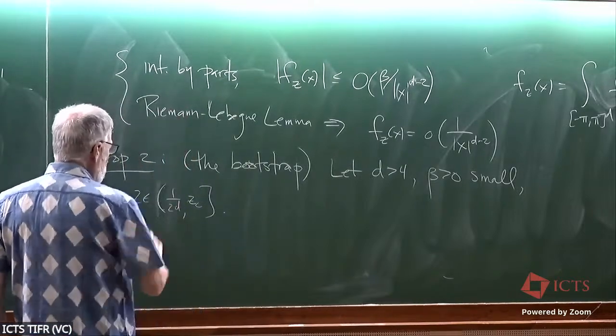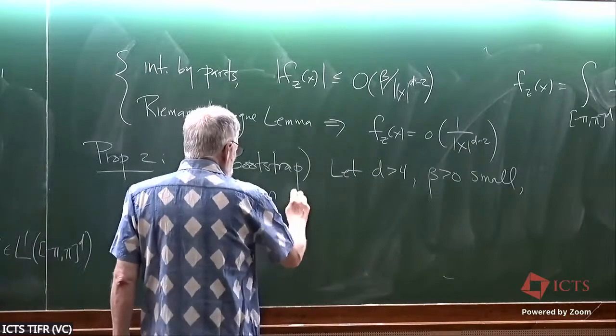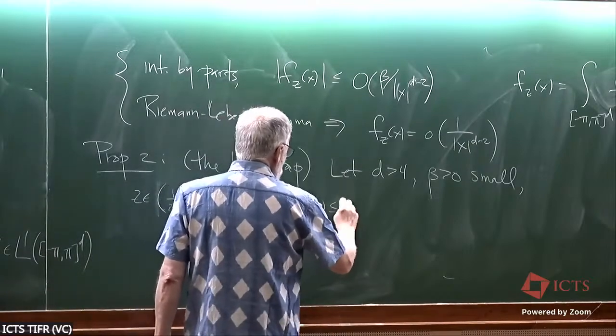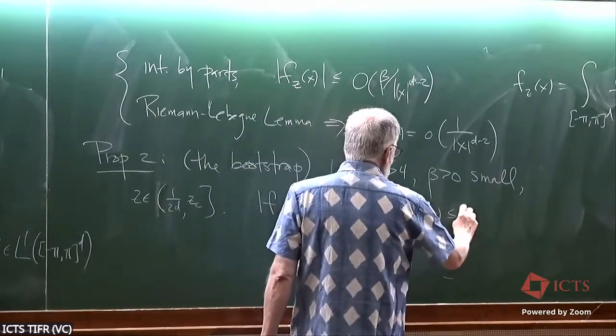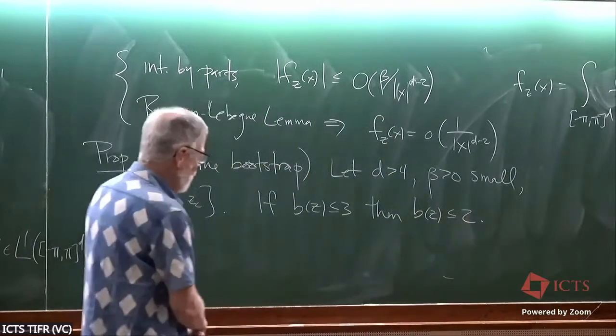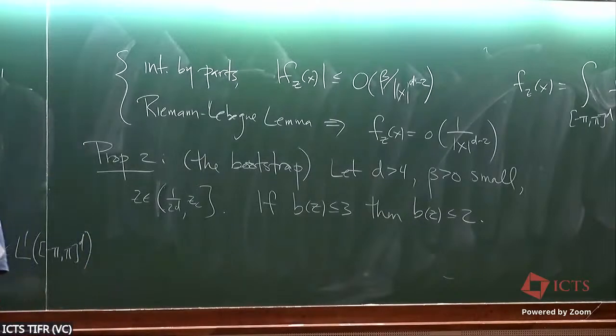It doesn't matter about 1 over 2d. If B(z) is less than or equal to 3, then B(z) is less than or equal to 2. Looks funny, right? It's saying that if you have a bad bound, that implies a better one.